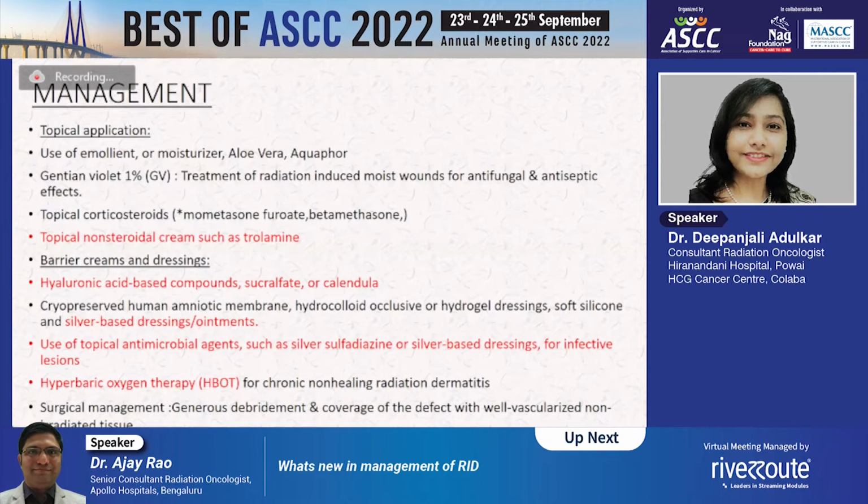In Tata, we do use human amniotic membrane, hydrocolloid and occlusive hydrogel dressings, and topical antimicrobial silver sulfadiazine based dressings for infective lesions. For chronic radiation dermatitis, the non healing ulcers, hyperbaric oxygen therapy, and surgical management, which is generous debridement, and maybe the use of a flap for grade 4 non healing ulcers.